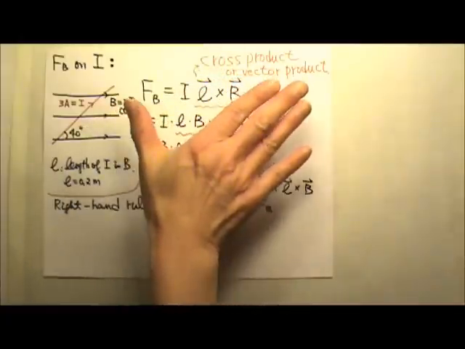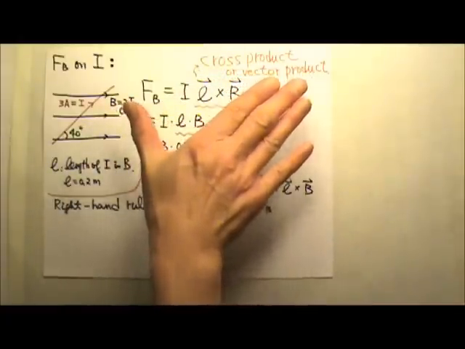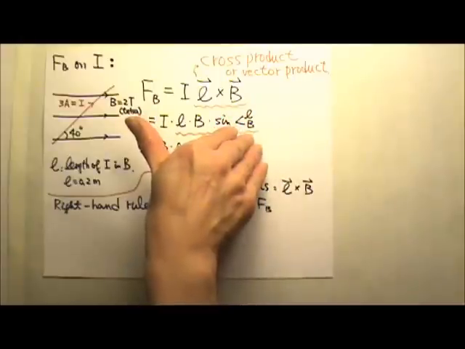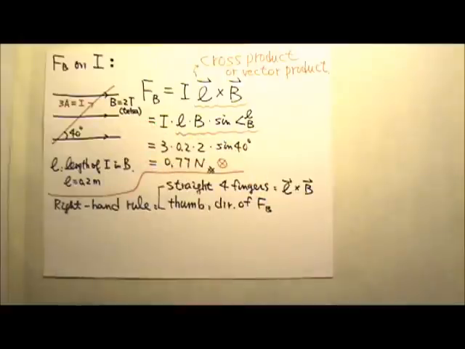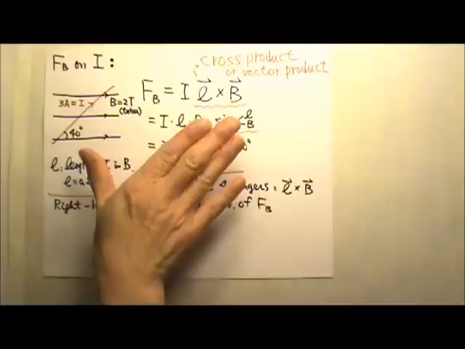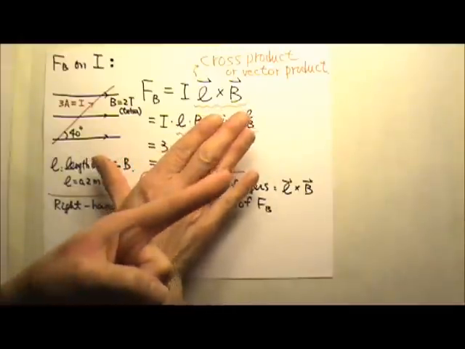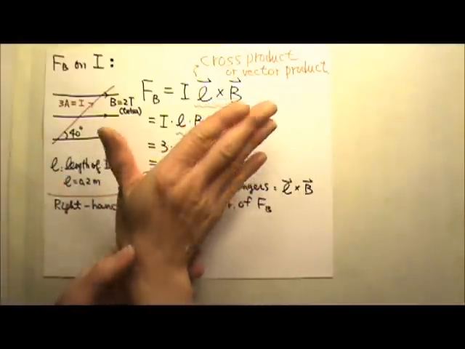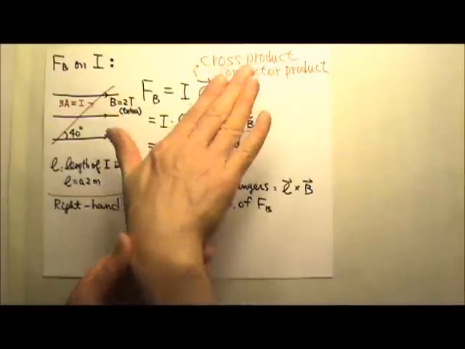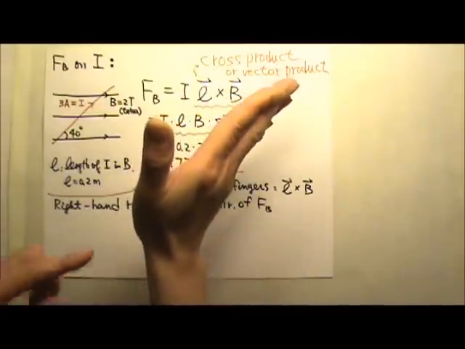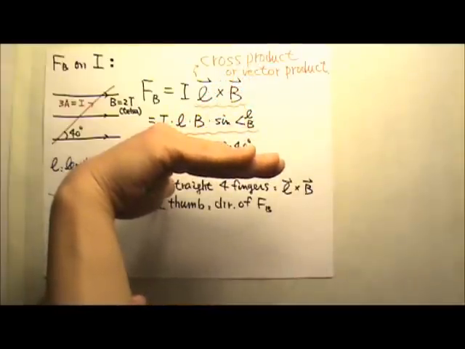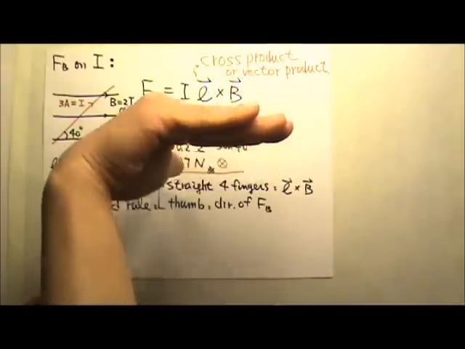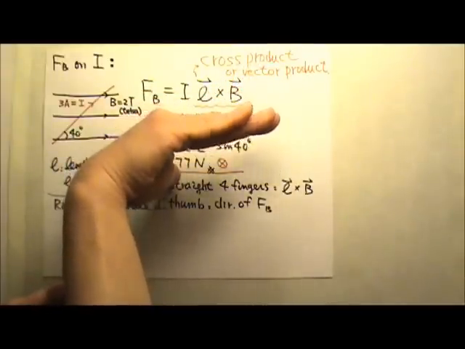Let's say if I point it this way, because my forefingers cannot bend to B, that means the thumb must be in the wrong direction. So one way to do this correctly is you can start your forefingers in the direction of L. And then you can rotate your hand until you get to an orientation like this, so you can bend your forefingers to get to B. Then the thumb gives you the direction of the force.